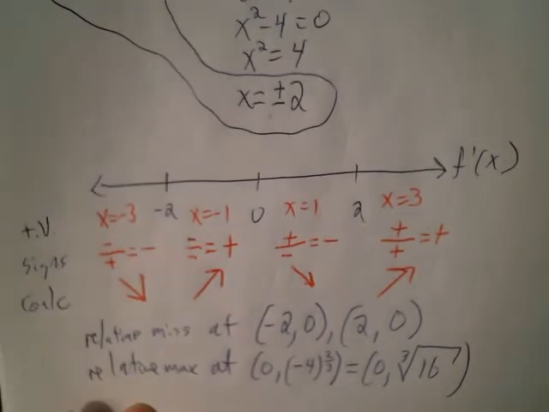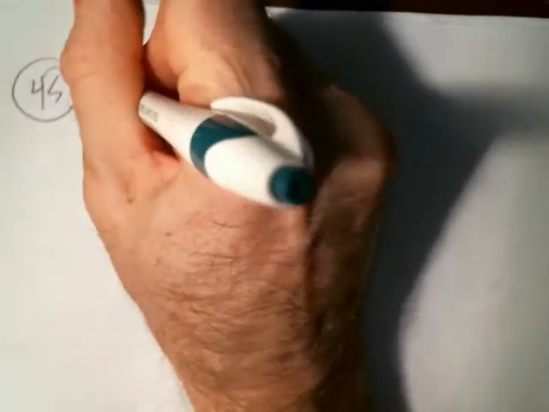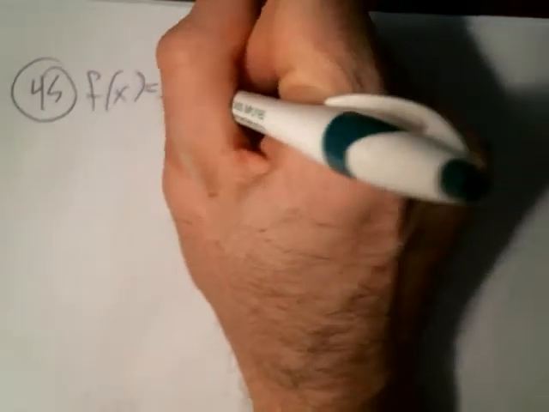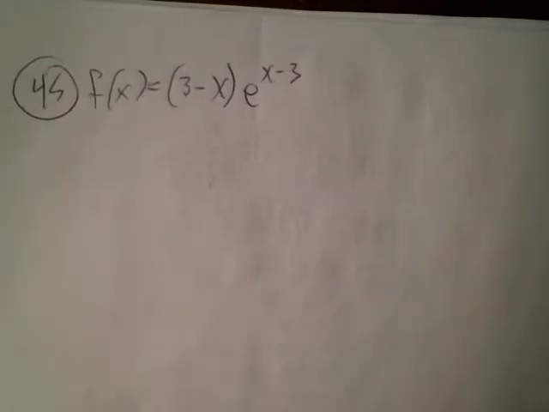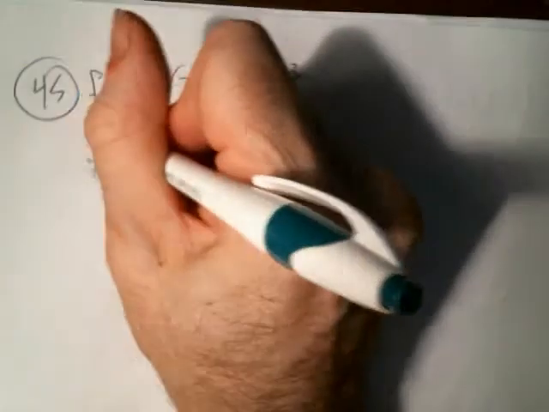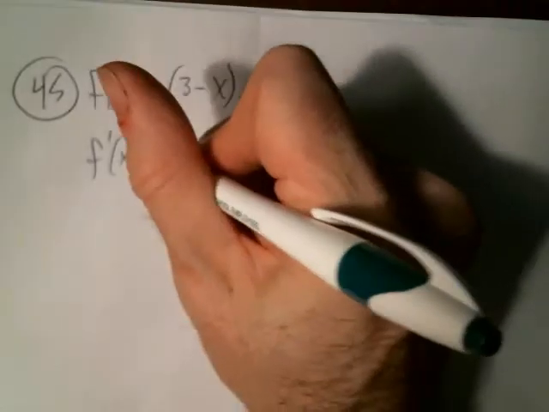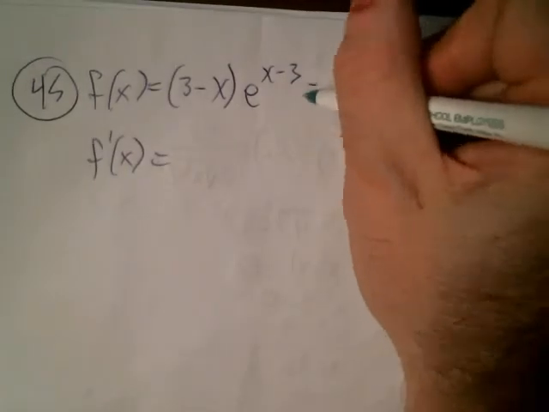Okay, let's look at one more. So this is 45 in the book. I have f of x equals 3 minus x times e to the x minus 3. Okay, so I need the derivative f prime of x. We could rewrite this.